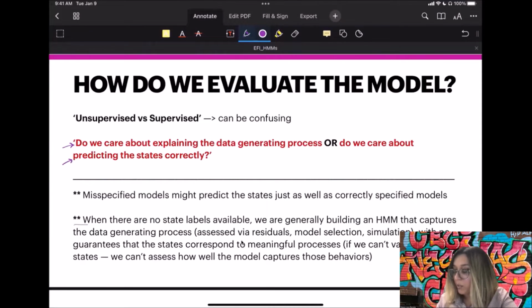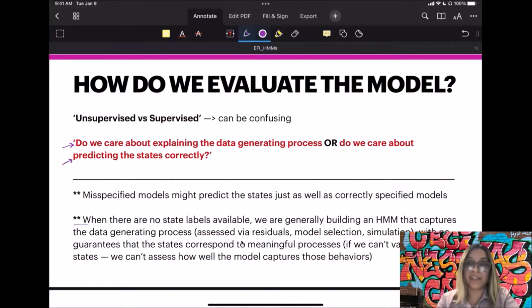And when there are no state labels available, we're generally building an HMM that captures the data generating process, which is assessed via residuals, model selection, and simulation, with no guarantees that the states correspond to meaningful processes. Because if we can't validate our states, we can't assess how well the model captures those behaviors.